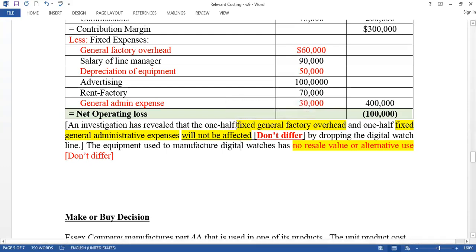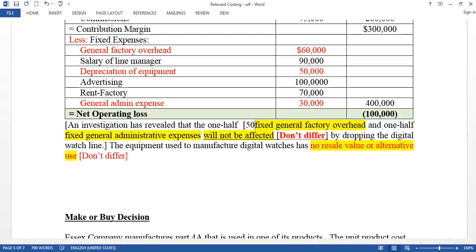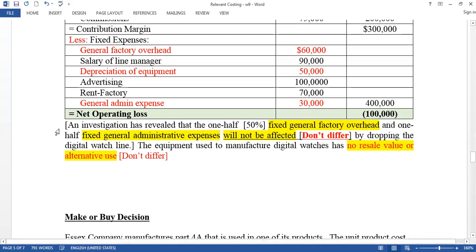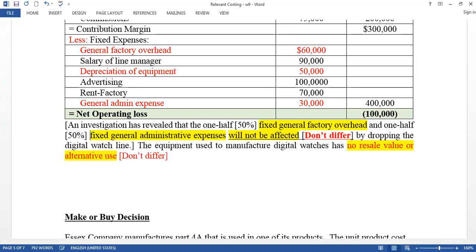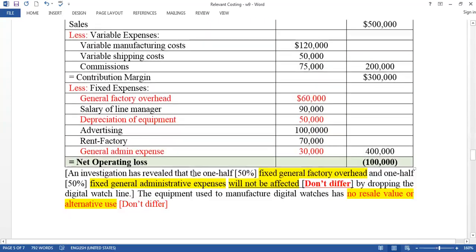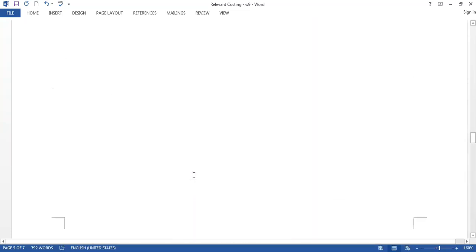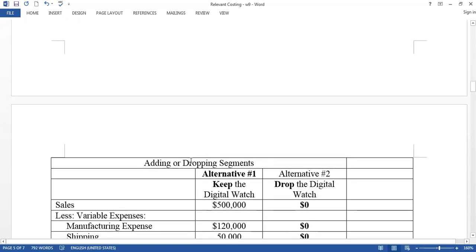One half means 50%, right? 50% of fixed general factory overhead and 50% of fixed general and admin overhead will not be affected. If this is the case, this is the solution.